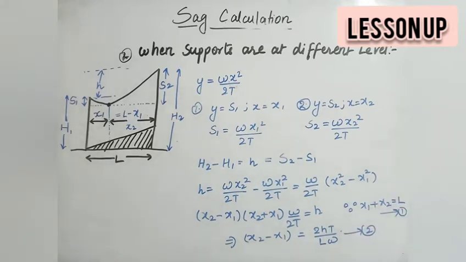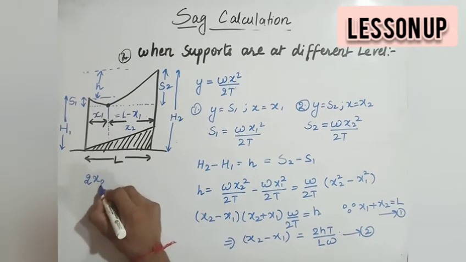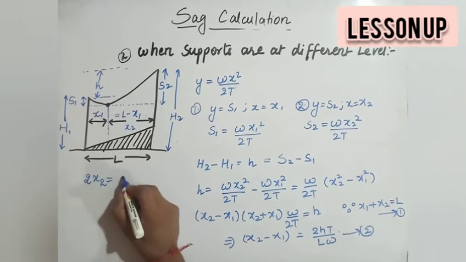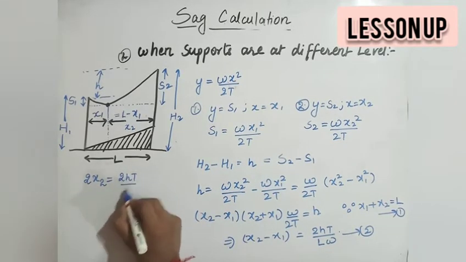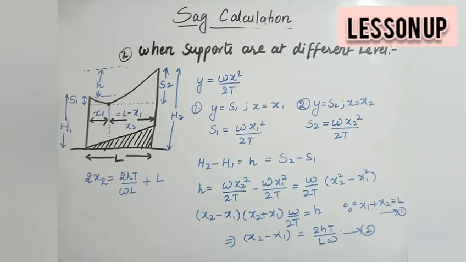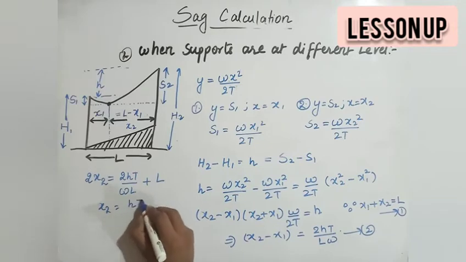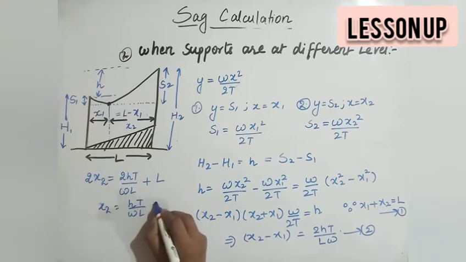So we will get 2x2 equal to 2ht by WL plus L. Now we can write x2 is equal to ht by WL plus L by 2.